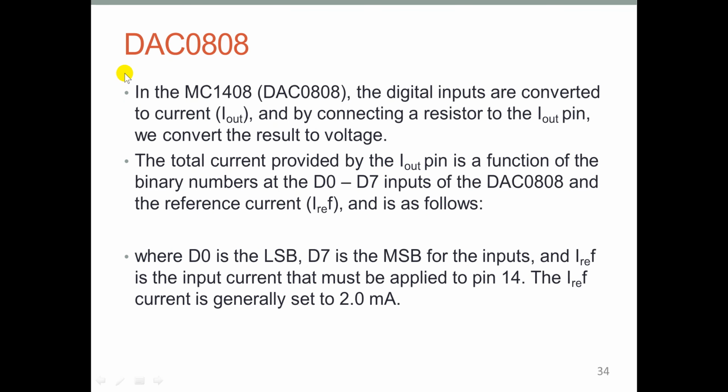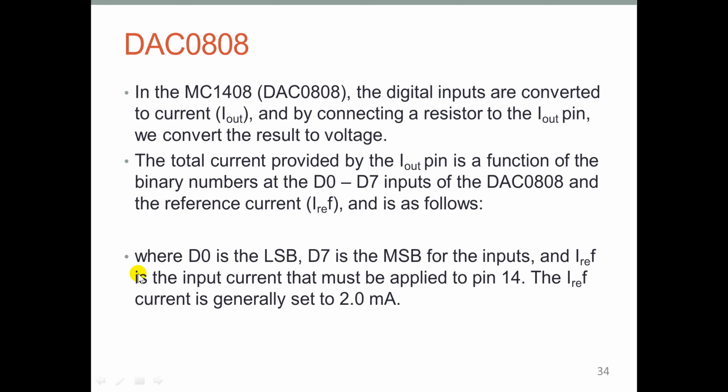Next, DAC 0808. In this DAC 0808, the digital inputs are converted to current, that is I output, and by connecting a resistor to the I output, we convert the result to voltage. The total current provided by the I output pin is a function of the binary number at the D0 to D7 inputs and the reference current, I reference.